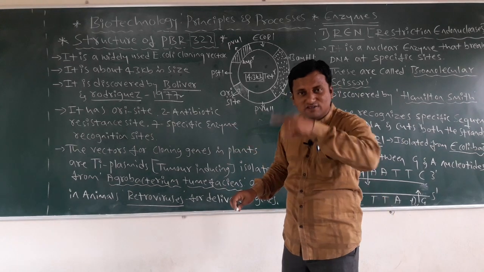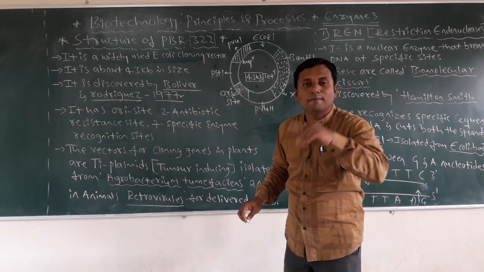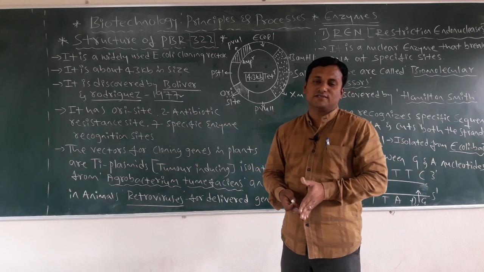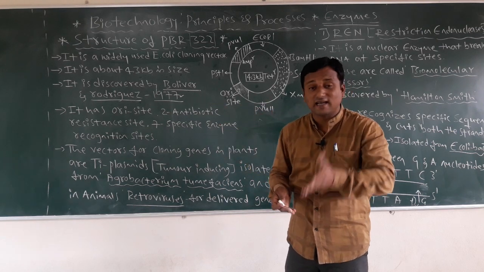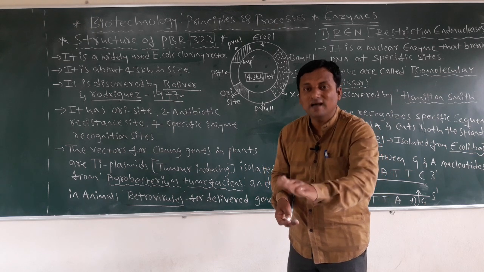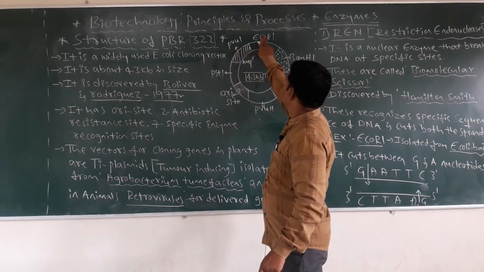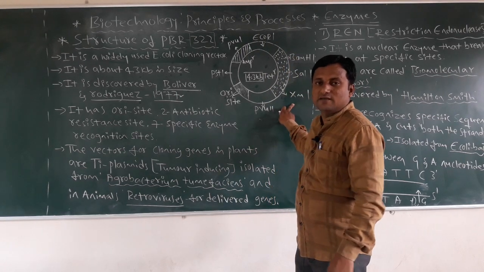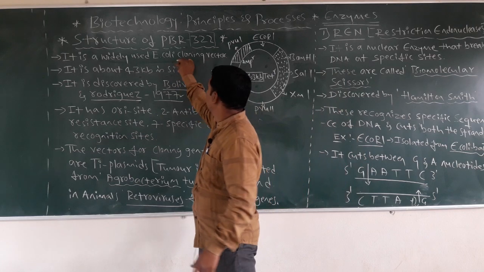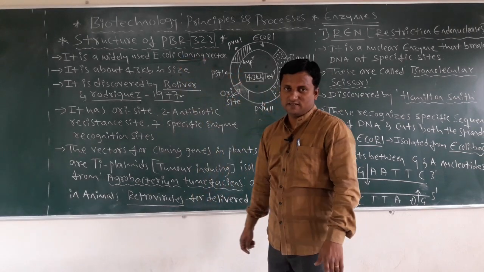This plasmid starts to circularize, and with the help of enzymes the process continues. It undergoes self replication, as I already told you, due to the action of these enzymes. These enzymes are responsible for the formation of a number of copies, which is called the cloning concept.